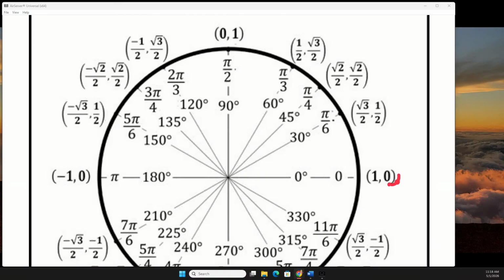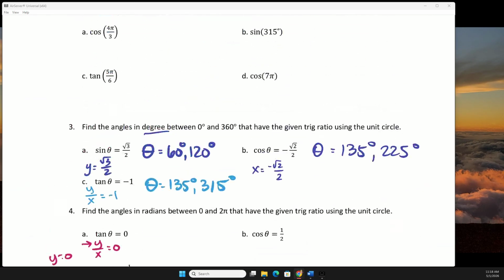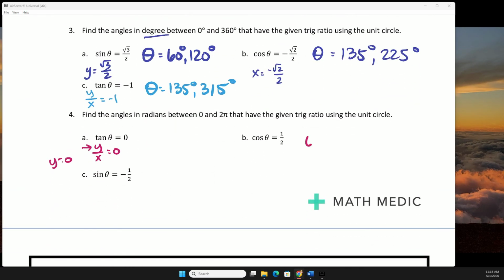And so y is 0 here, which in radians is going to be 0. Y is 0 here, which in radians is going to be pi. Oh, whoops, I'm in the wrong place.